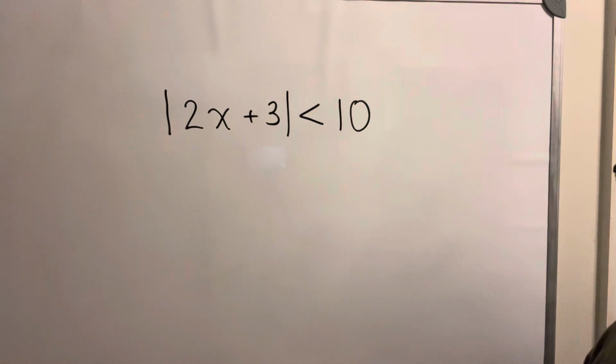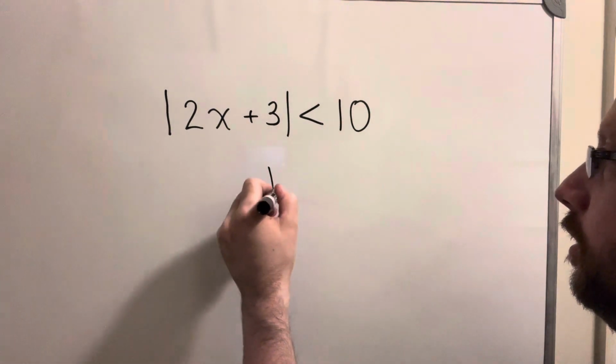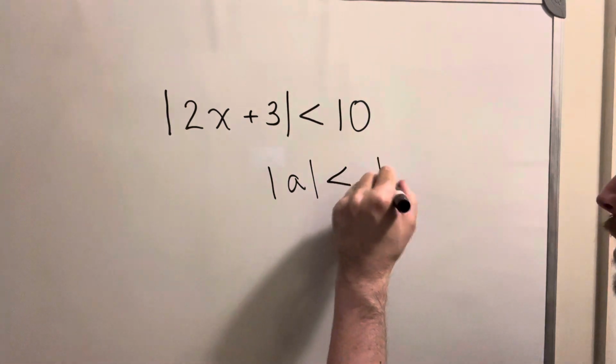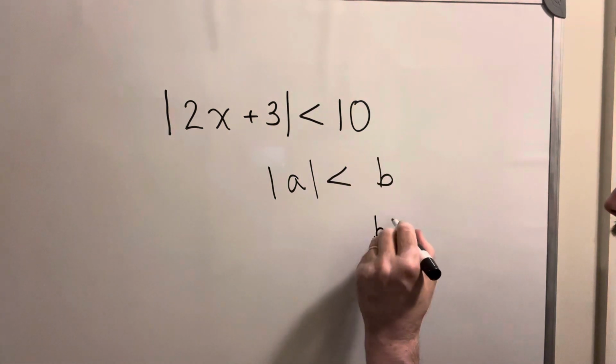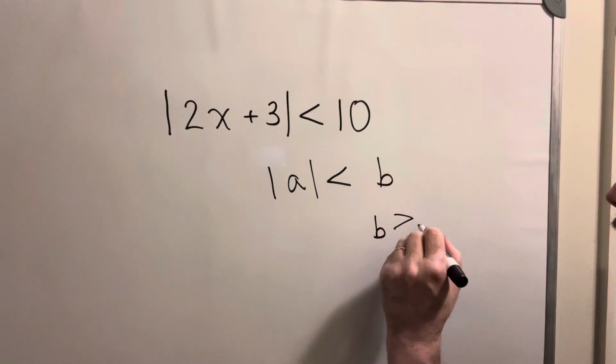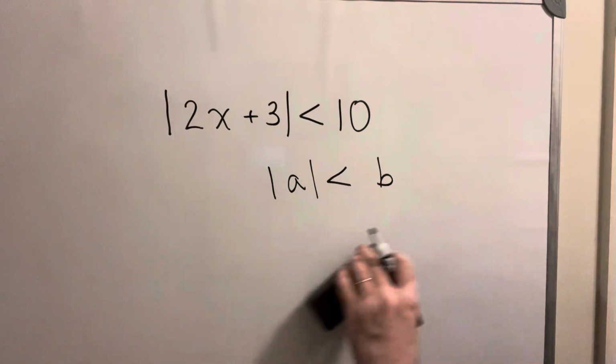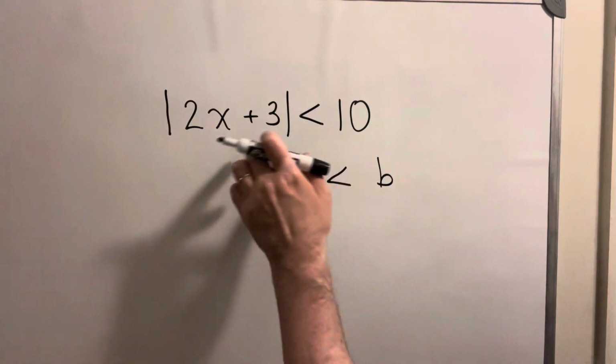So do you remember any theorems about what you can do when an absolute value expression is less than some non-negative value? Let's say you have the absolute value of A is less than B for some B greater than 0. Think, do you know what you can turn this into?